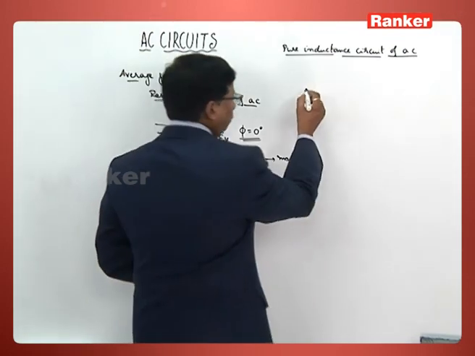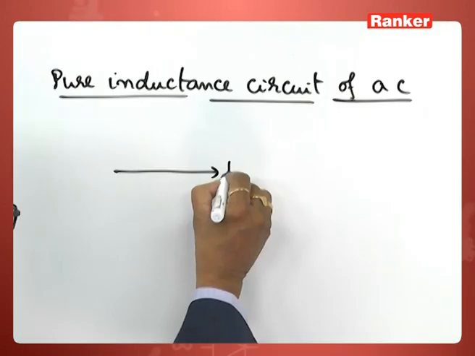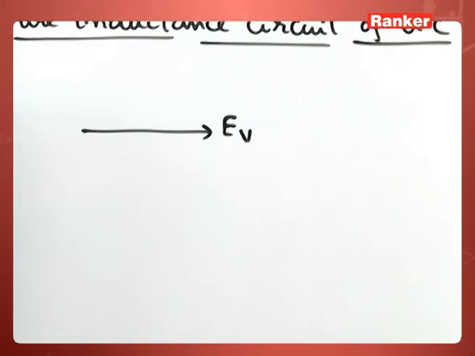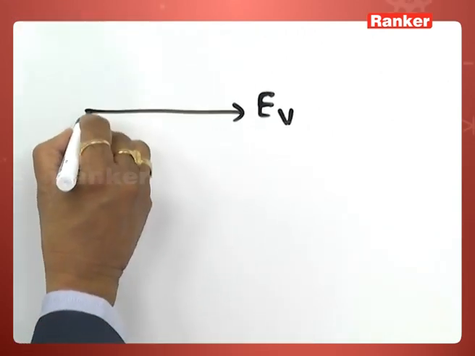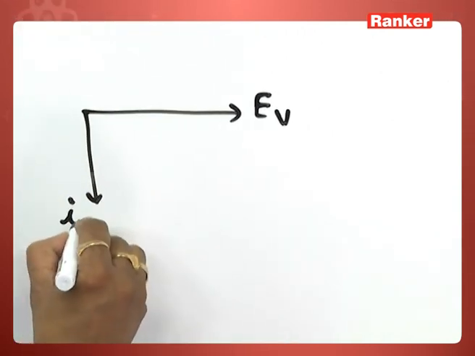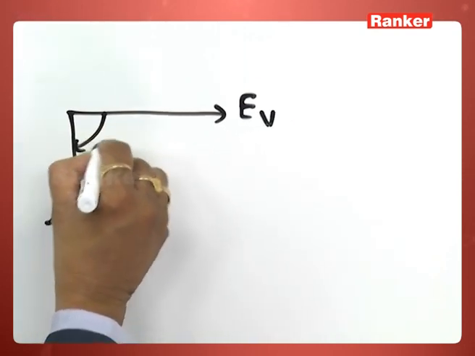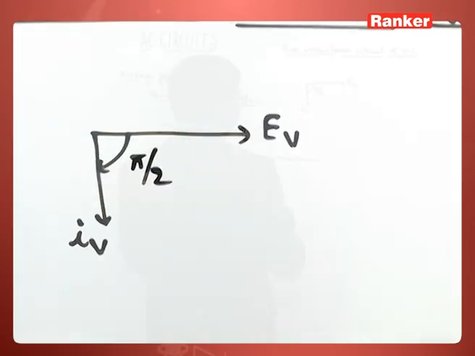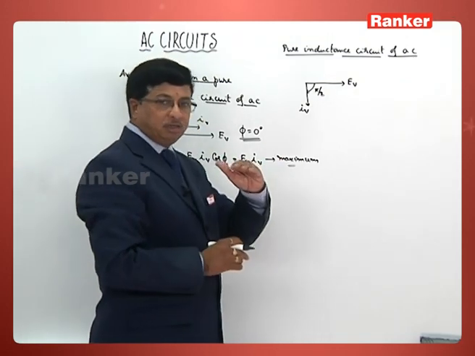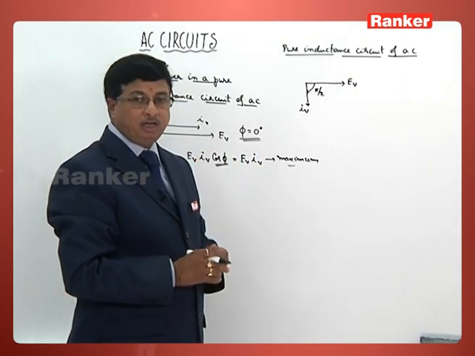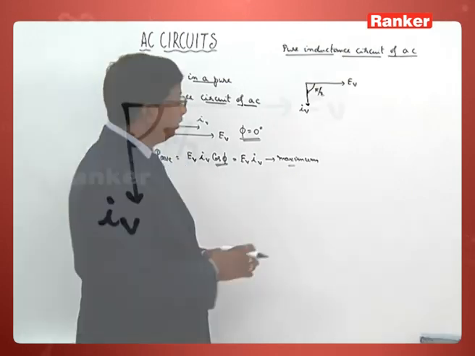So, if this is the value of virtual EMF, the current in this pure inductance circuit is going to be lagging behind this value by pi by 2 radian. Or else EMF can be taken as if it is leading the current by pi by 2 radian.